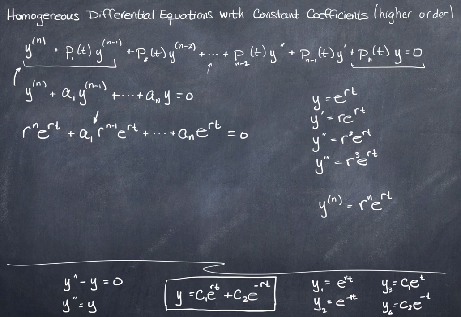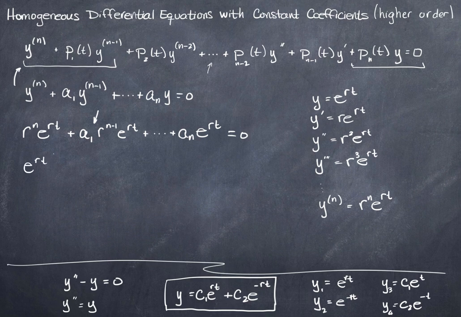Okay, so now that I have written this equation as this equation, all I've done is replace each generic derivative of y with its actual derivative, which is this piece right here. The a sub 1 is just a coefficient, remember. I can factor out that e to the rt, so let's do that.